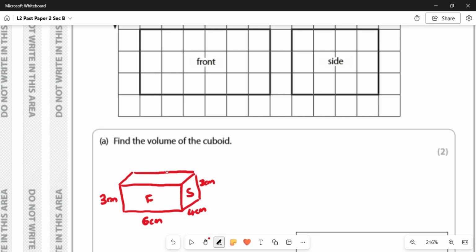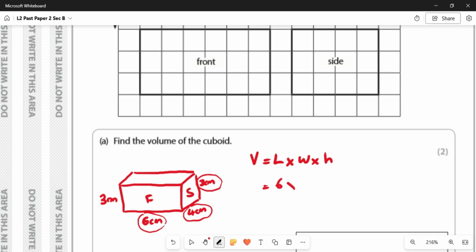Yeah, and now we can do volume the old-fashioned way, which is length times width times height, or you can call it depth, whichever. So I need length, which is this one, times width, which is this one, and just one height, which is this one.